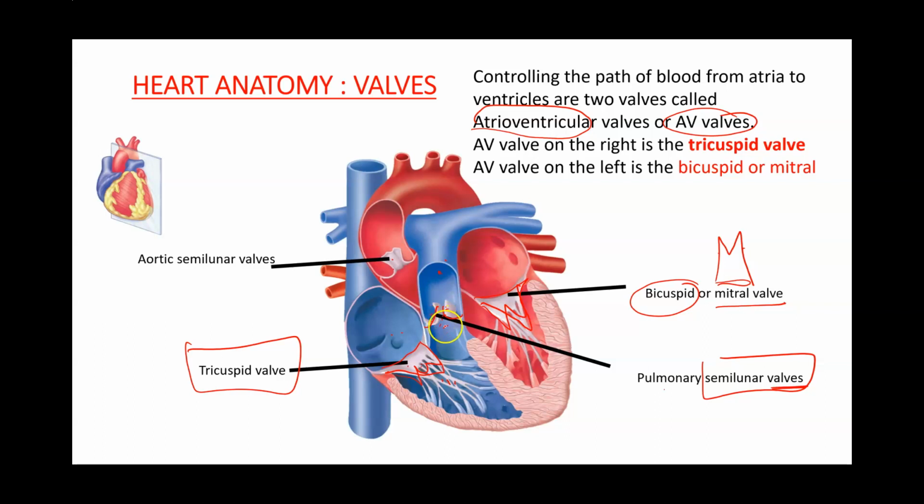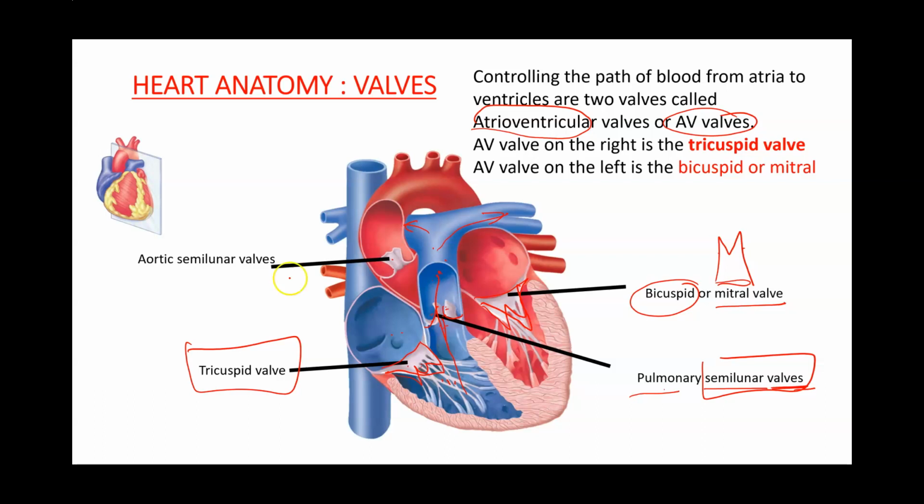The one on the right-hand side is called the pulmonary semilunar valve, and blood being pumped out through the right ventricle is going to go through the pulmonary semilunar valve into the pulmonary trunk, which leads to pulmonary arteries that are going to go to the lungs.